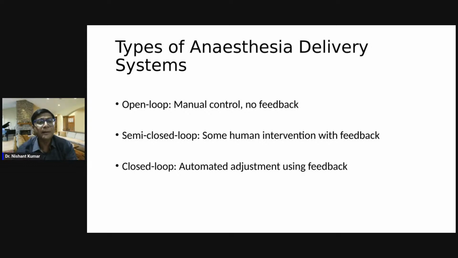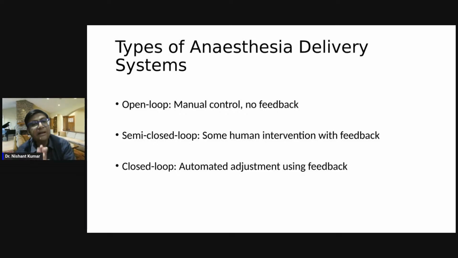Closed loop is a completely automated adjustment using feedback from the patient. That means the anesthesiologist just sets certain targets or limits for the machine, and then based on the patient feedback, the gas delivery and the agents, whichever is to be delivered, are administered by the machine itself.